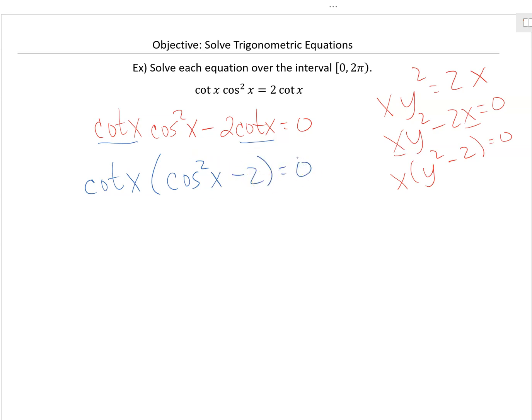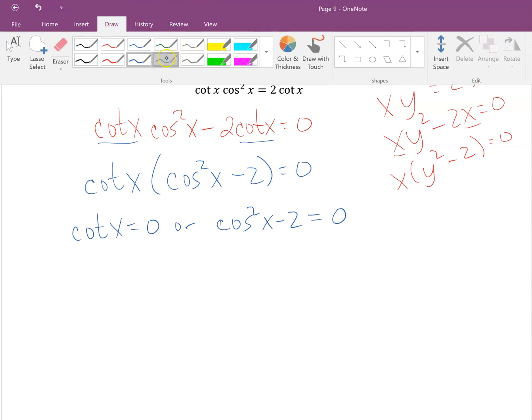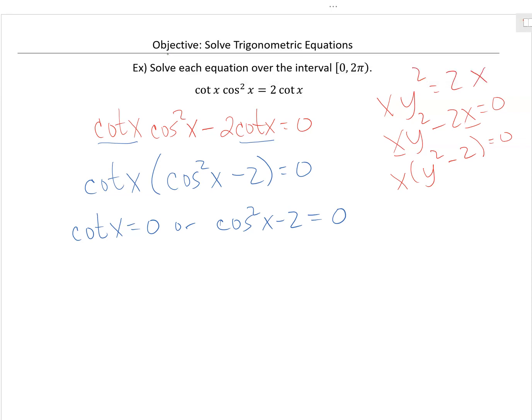So now I have a product of factors equals 0. And remember, when we create a product of factors equals 0, our next step would be to use our zero product property. So either cotangent of x equals 0 or cosine squared x minus 2 equals 0. So for cotangent of x equals 0, again, similar to the tangent problem, since cotangent is not directly part of the unit circle, we'd use a quotient identity.